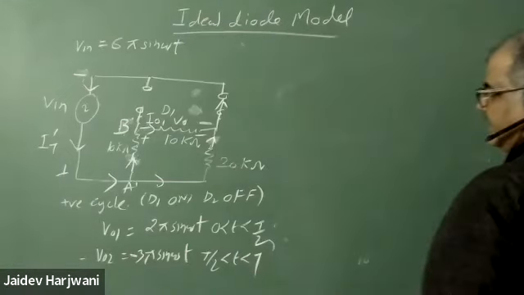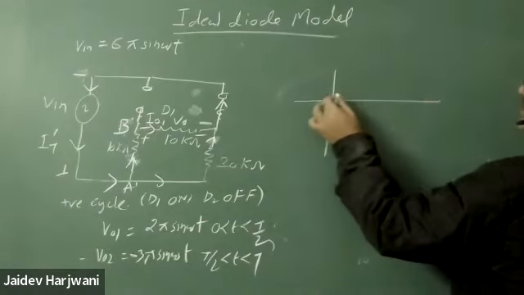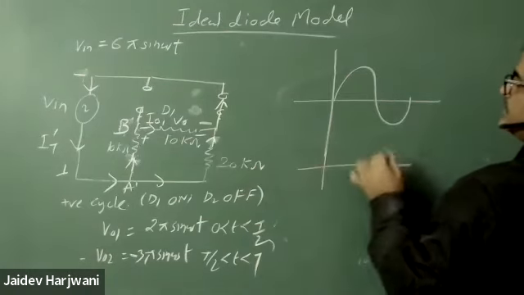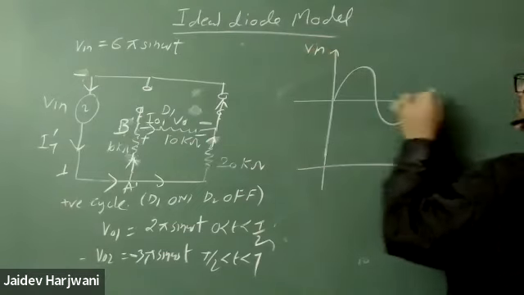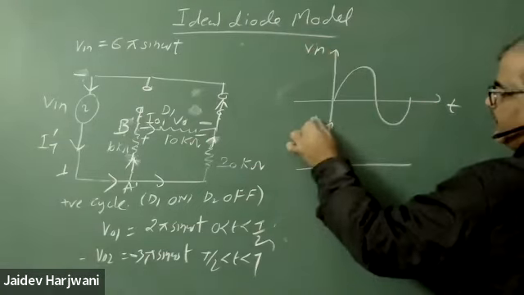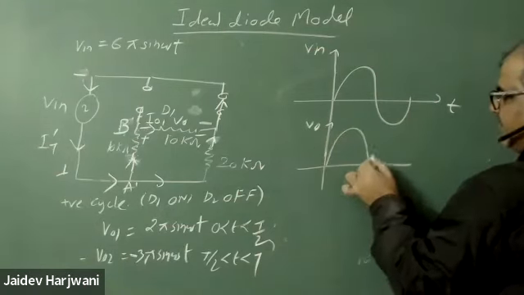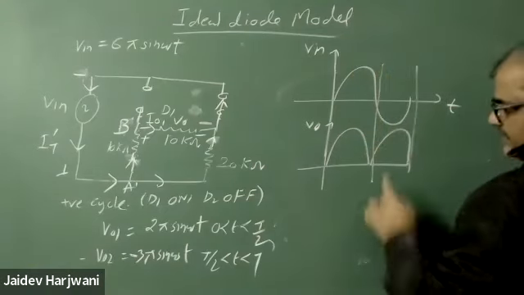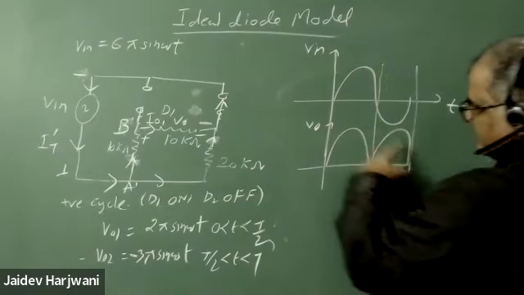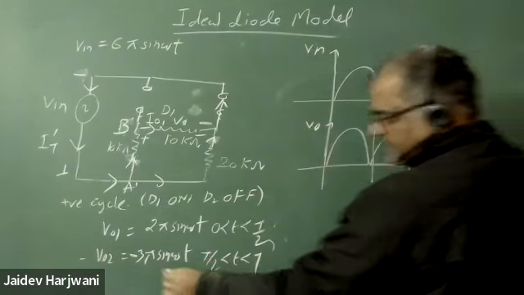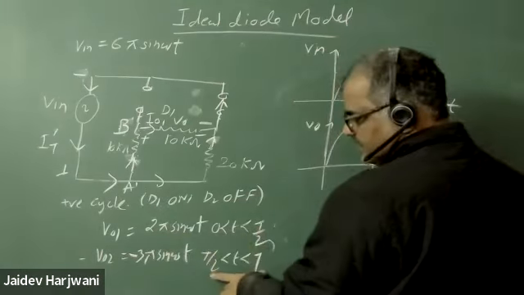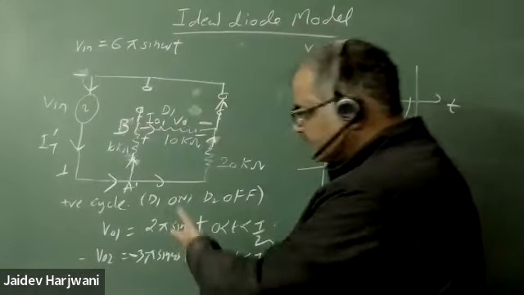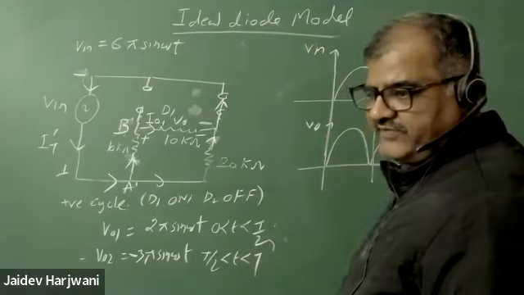Because what is happening, I am giving an input, so input is V input t, and V output I'm getting both times in the same direction. So if I want to represent this as a function, I cannot use sine, I have to put minus here, because the period is changed and the sine is negative. Now you know the function, you can easily calculate the V average.